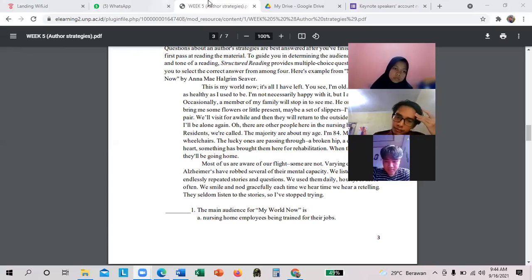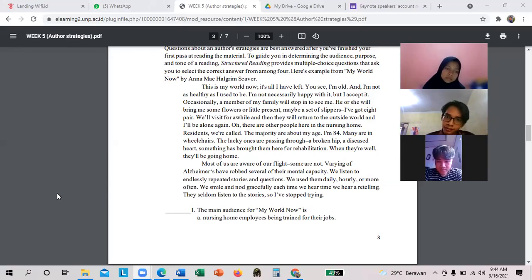Oh, there are other people here in the nursing home. The residents, we are called. The majority are about my age. I'm 84. Many are in wheelchairs. The lucky ones are passing through a broken hip, a diseased heart. Something has brought them here for rehabilitation. When they are well, they will be going home.